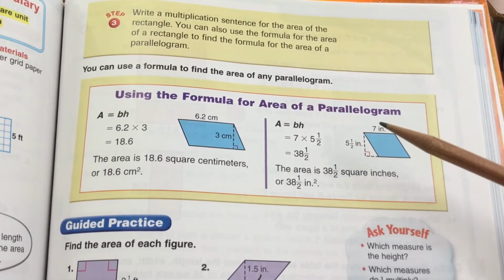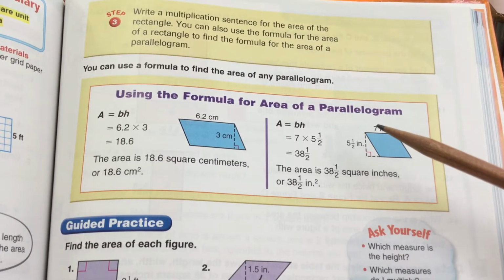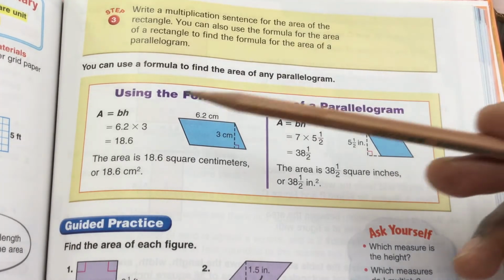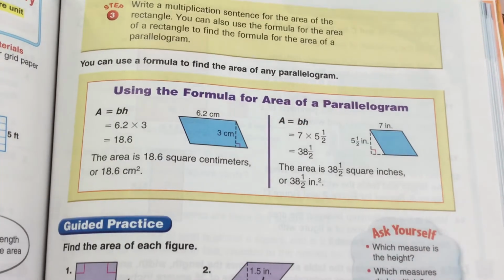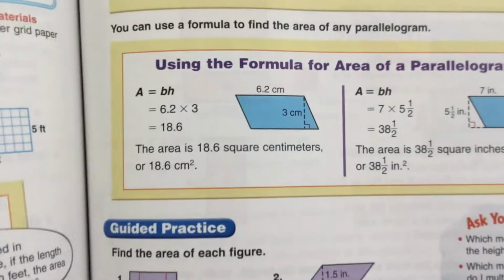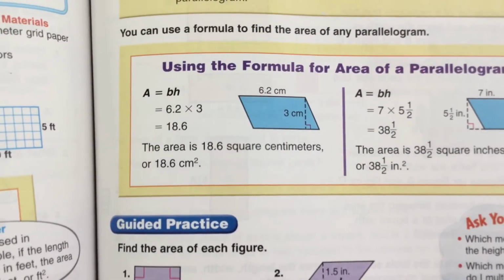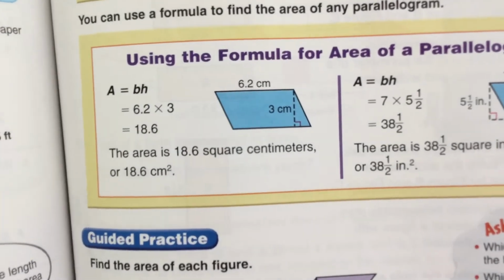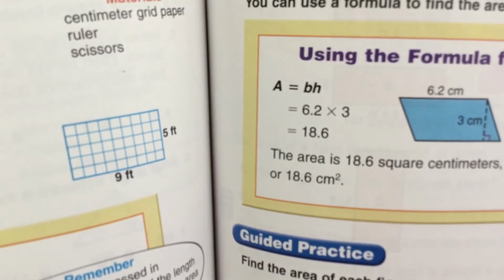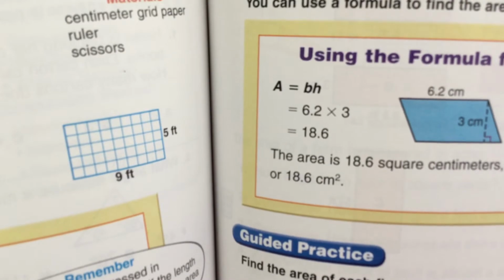Using the formula for area of a parallelogram, area equals BH. So this looks a little different now, but I will explain to you. It's quite simple.